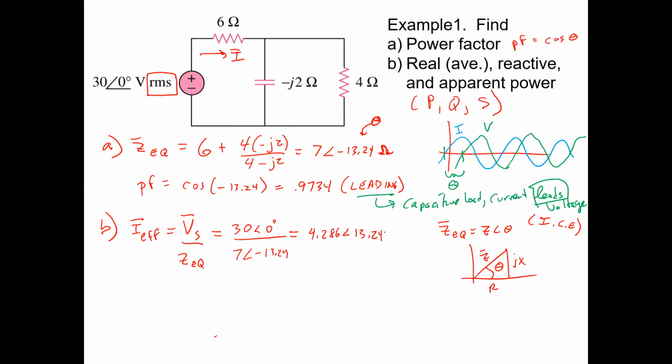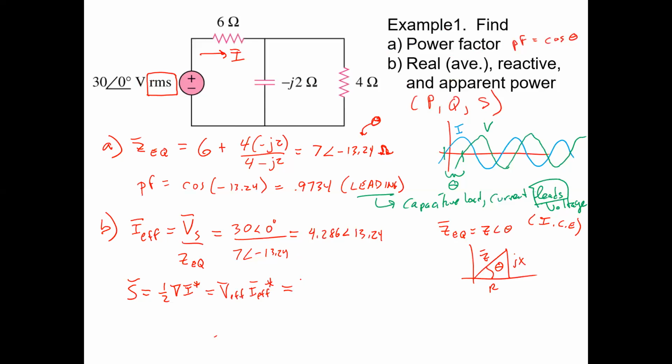So that's your effective RMS current, and then the complex power is going to be 1/2 V I star, or the effective I star. We have to take the complex conjugate of the current to make this work out right.